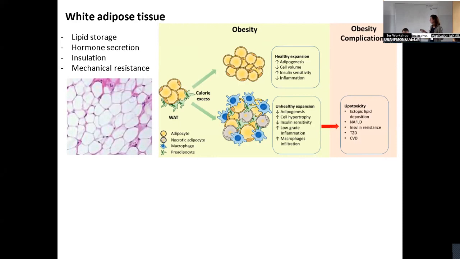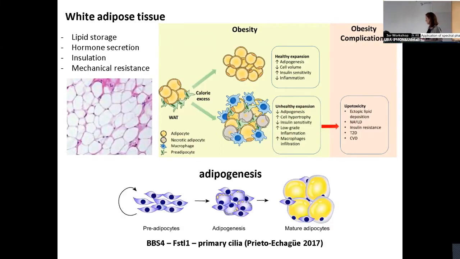This is thought to give rise to complications, for example type 2 diabetes and cardiovascular disease. So we are studying the process of adipogenesis, and we think that if we know how it is regulated, maybe we can modulate it and shift fat accumulation towards a healthier setup.